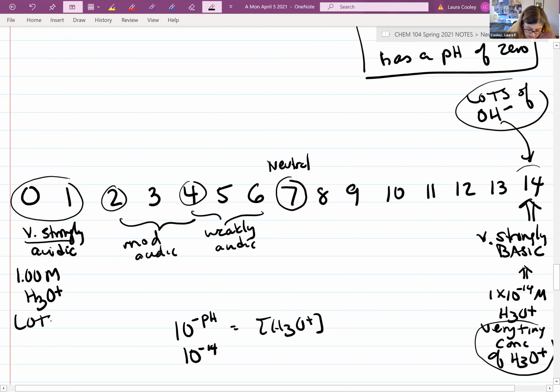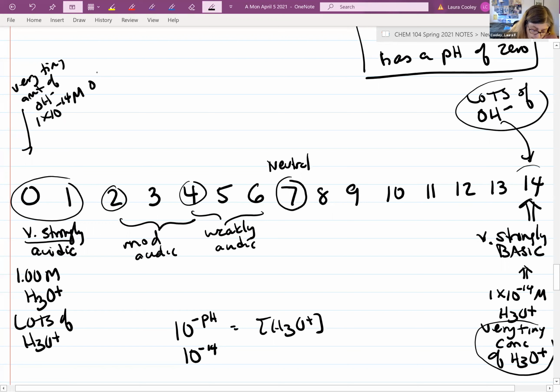Here you have lots of H3O plus, and let me tell you, you have a very tiny amount of OH minus. In fact, it's 1 × 10⁻¹⁴ molar of OH minus over there. So here we have our very strongly basic solutions. We have moderately basic, and we have weakly basic, all along this scale.